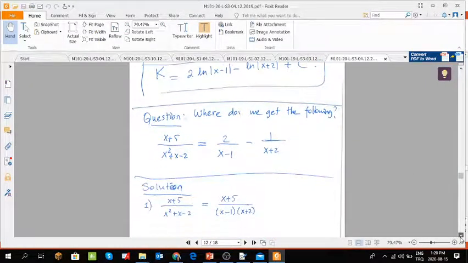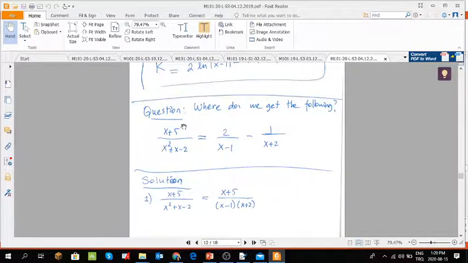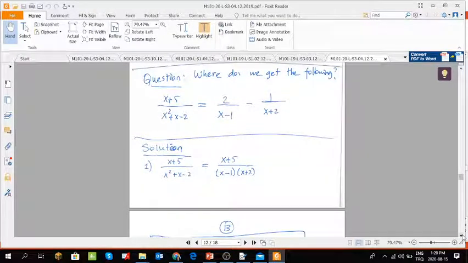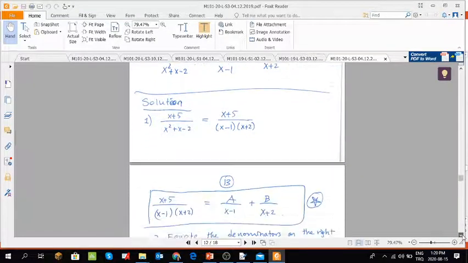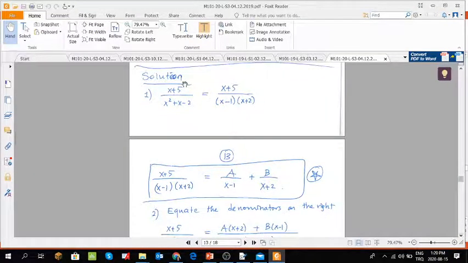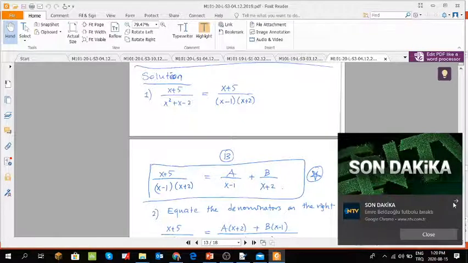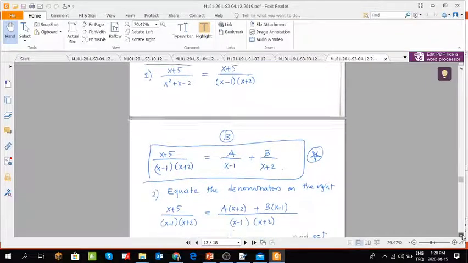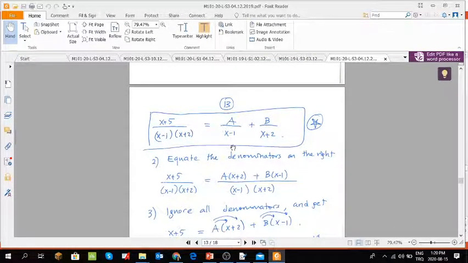Okay. So how do we get this? The question is, what's the method to write this in terms of partial fractions? Actually, we just said it at the beginning, roughly, but I'm going to show you how you do that. First thing, you take this rational function and factor the denominator into linear factors, and for each linear factor, you write A over x minus 1 and B over x plus 2.